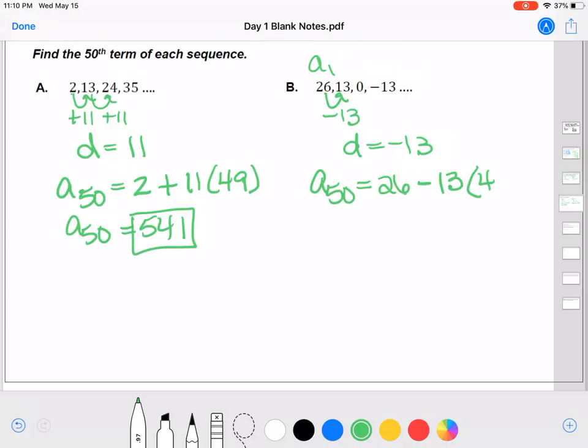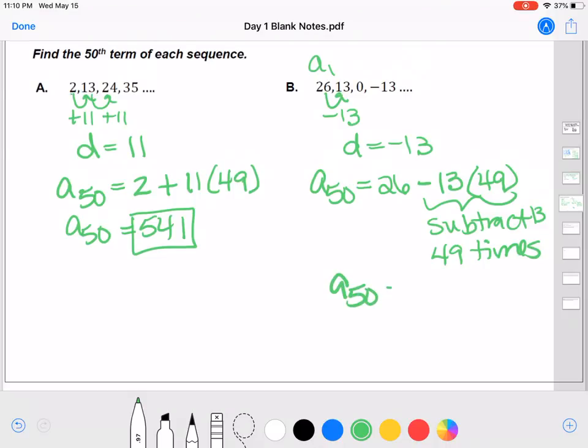I would subtract 13 49 times. That's much better than having to do minus 13 over and over again 49 times. So if I do that, 26 minus that, I would be at negative 611.